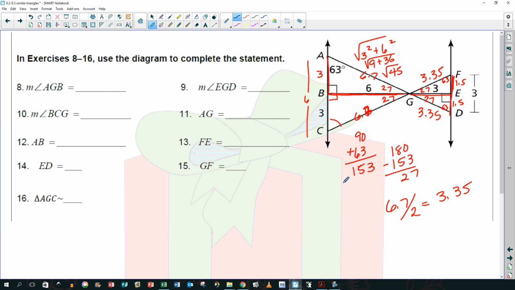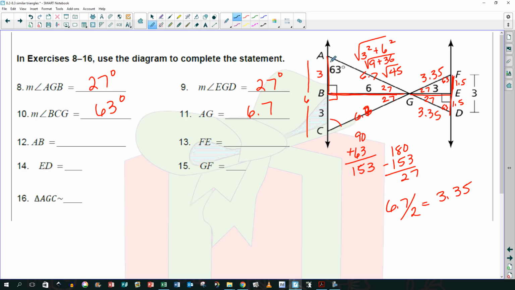This is also 63. So AGB is 27 degrees. EGD, so EGD is 27 degrees. BCG is 63. AG is this piece here, we said was 6.7.